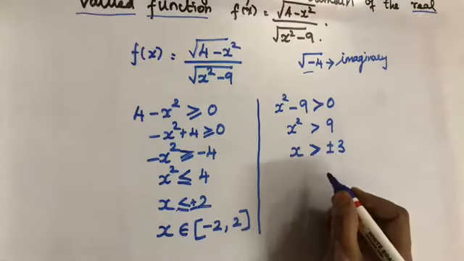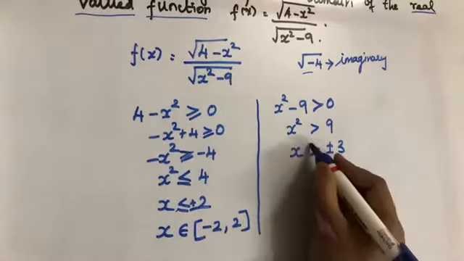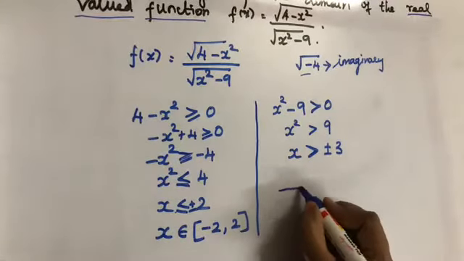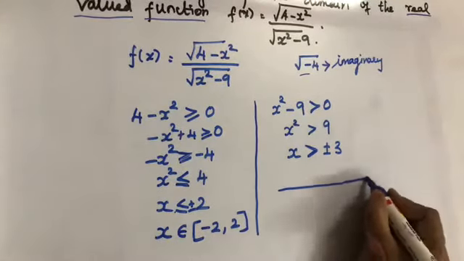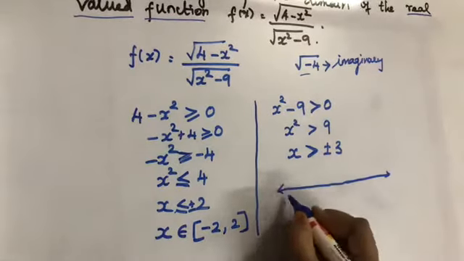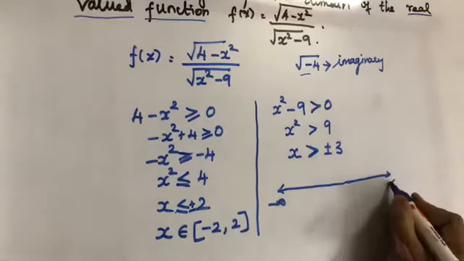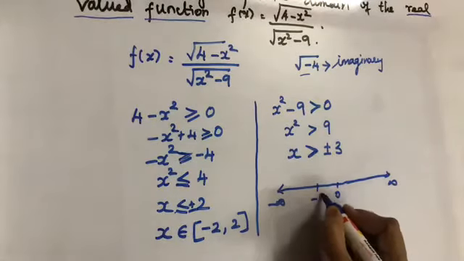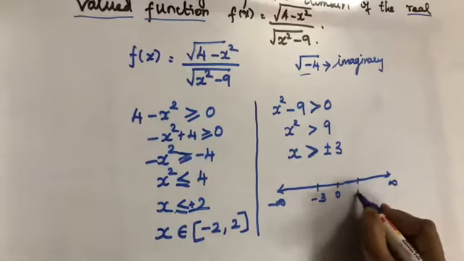So x is greater than plus or minus 3 means, in the real number line, it is minus infinity to plus infinity here. So here it is minus 3 and it is plus 3.